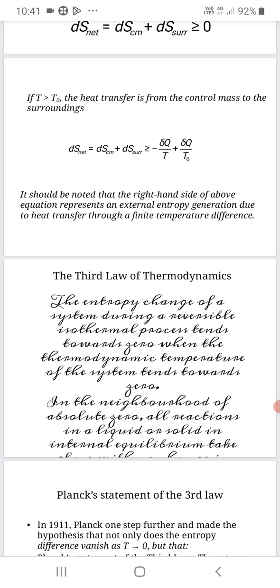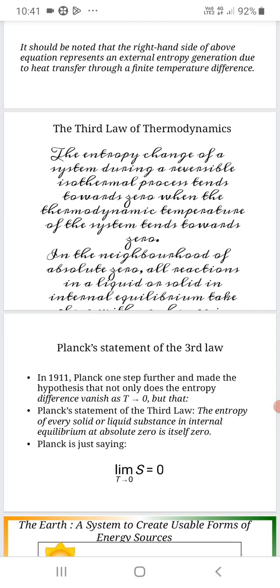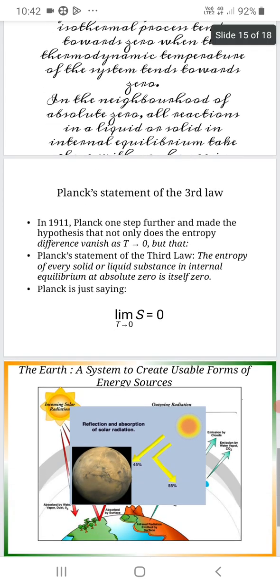Planck's statement of the third law: in 1911, Planck went one step further and made the hypothesis that not only does the entropy difference vanish, but the entropy of every solid or liquid substance in internal equilibrium at absolute zero is itself zero. So the system itself is zero.